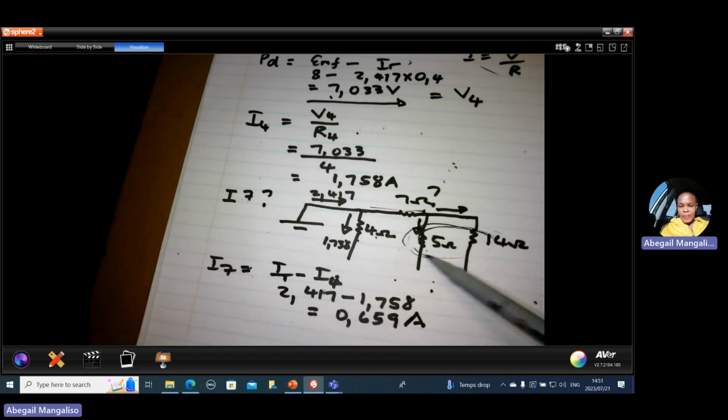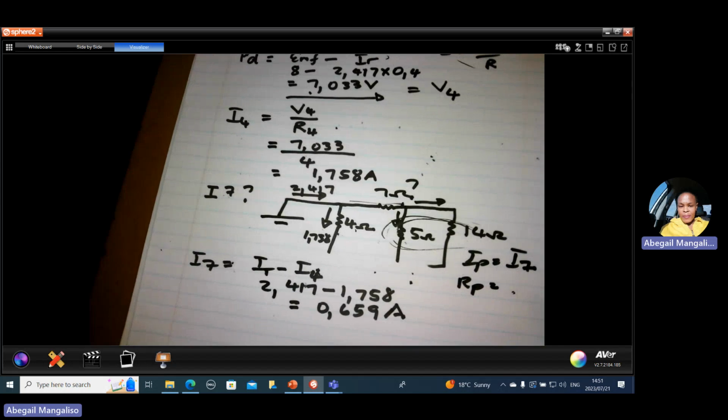So for this parallel connection, we have IP, which is equal to I7. We also have RP that we calculated when we were calculating the total resistance. So we can get VP. VP is equal to IP multiplied by RP.